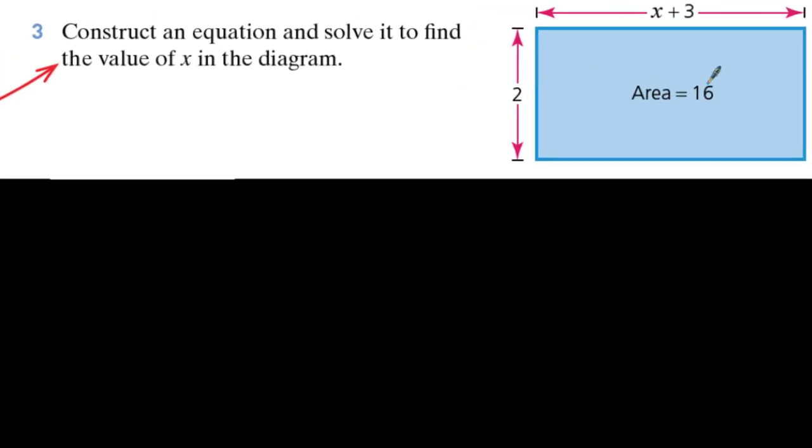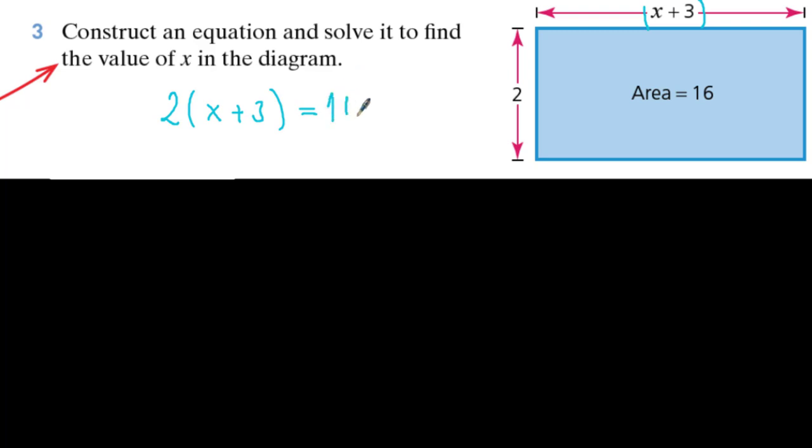The area is equal to 16, which means the equation here is 2 times x plus 3, and you have to write x plus 3 in parentheses. You have to be careful about that. I'm putting parentheses because the base is notated by two terms, which is x plus 3 here. That's why it should be in parentheses.